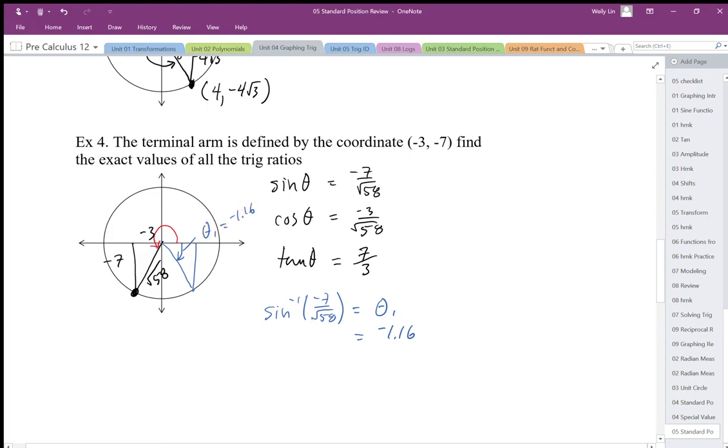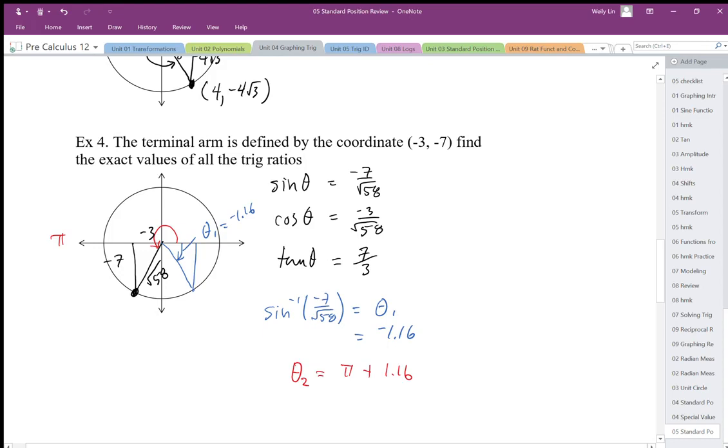Okay, so we don't want that one. We want a different one. We want the one on the other side. Well, that's theta 2. Now we could use a formula, or we can use just symmetry. I know that there's pi, and I'm going to go the same amount, so it's going to be pi plus 1.16 in that direction.